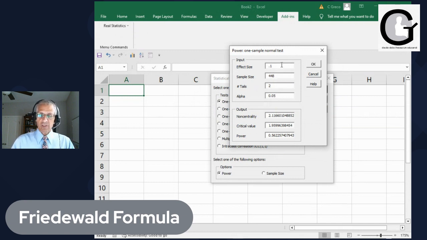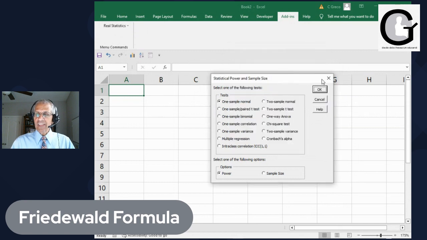Let's say the effect size is 2, but my tails are only 1. Then it kicks up again. So the power is really good on this, even though the sample size is 448. If you have an effect size of 0.3, all of a sudden that kicks up to 0.99. Your power is very high.